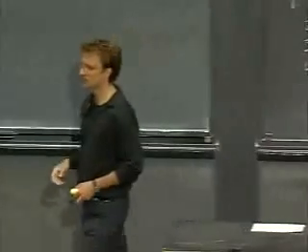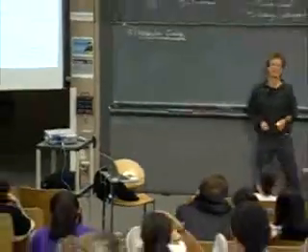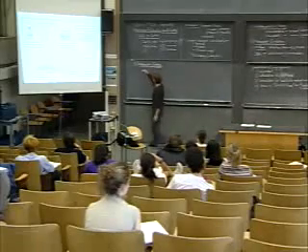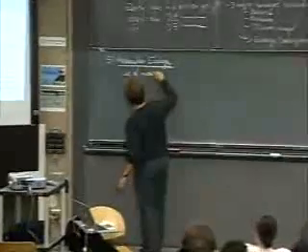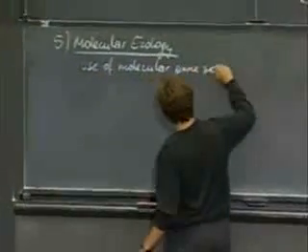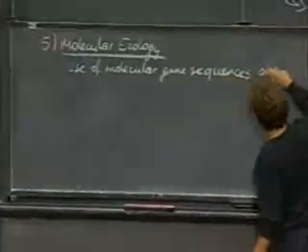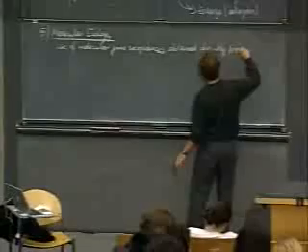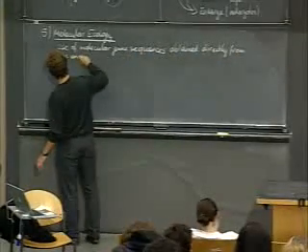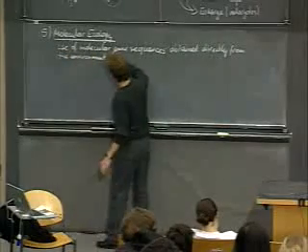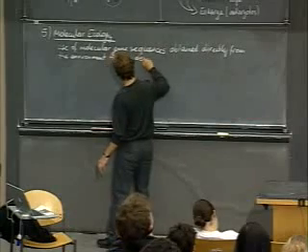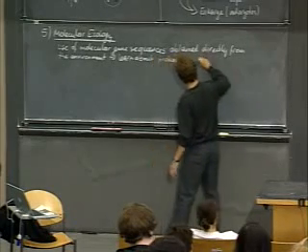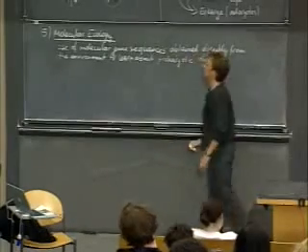Now, what really has changed is that we've actually started to use molecular techniques to determine the diversity of prokaryotes in the environment. So molecular ecology is really the use of molecular gene sequences obtained directly from the environment to learn about the prokaryotic diversity out there.